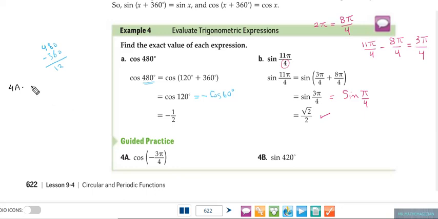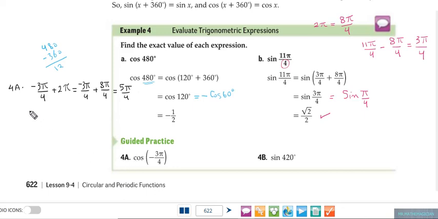So negative 3 pi over 4 plus 360, meaning plus 2 pi. Negative 3 pi over 4 plus 2 pi, which is 8 pi over 4, gives 5 pi over 4.